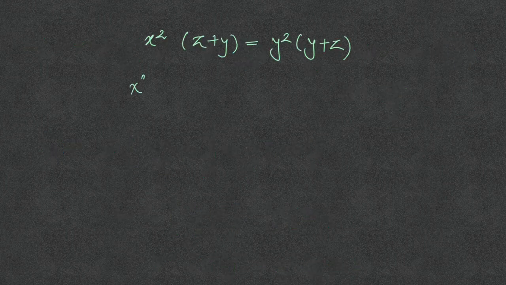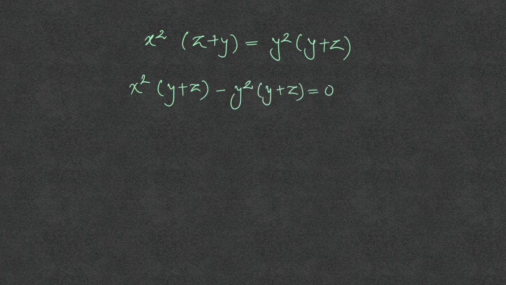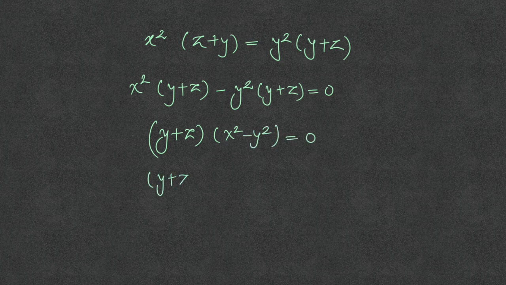Taking this term to the left hand side, x square into y plus z minus y square into y plus z equals 0. Taking y plus z common, we get y plus z into x square minus y square equal to 0. Now y plus z as it is, and x square minus y square is x minus y into x plus y, which is equal to 0.